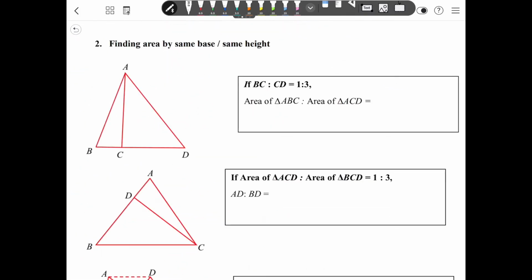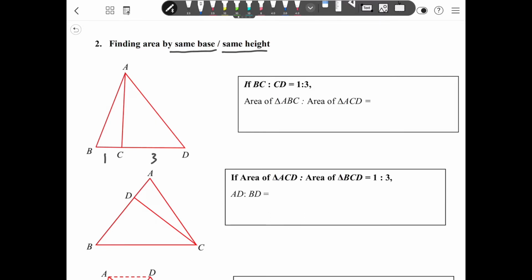Okay, part 2. For the second part, we will find out some area by the same height, same base. So if we say BC to CD would be 1 to 3, and then the area of triangle ABC to triangle ACD, how big would it be?